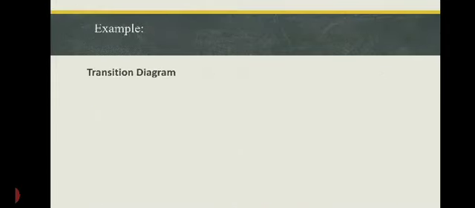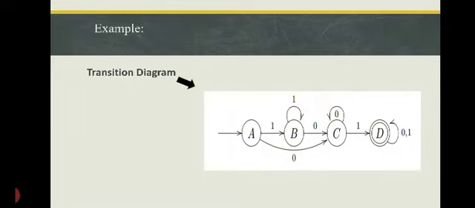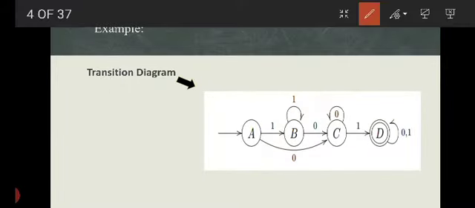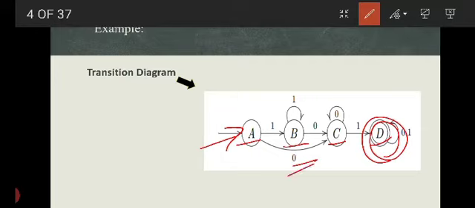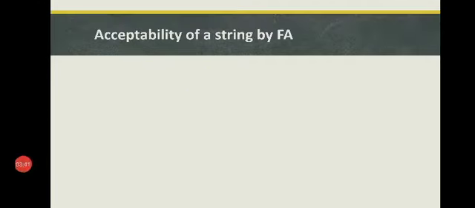The example of a transition diagram is like this. In this example we have different states like A, B, C and D. Among these, A is the initial state since we have an empty arrow to A. D is a final state because it is double circled, and the transition diagram can process the input symbols 0 and 1.